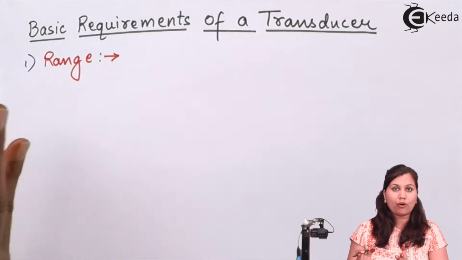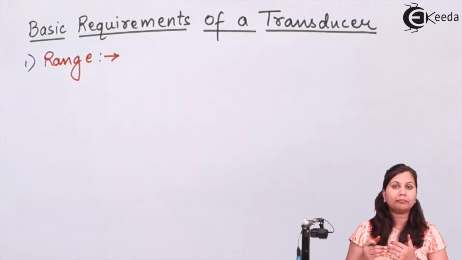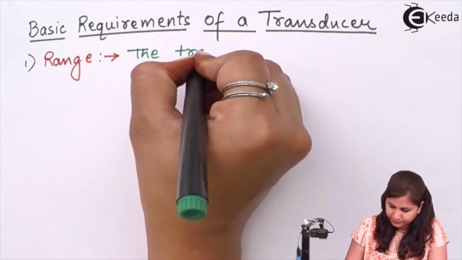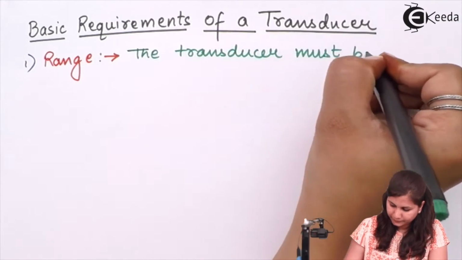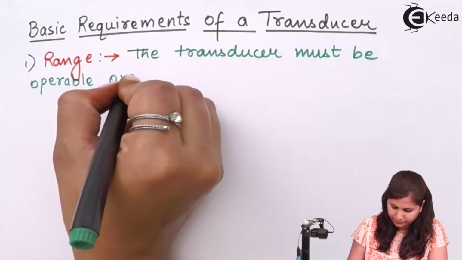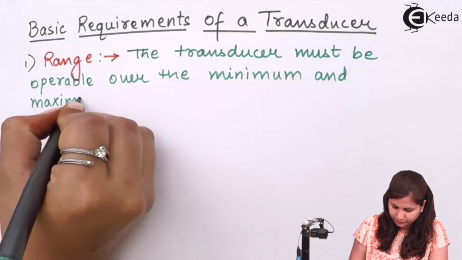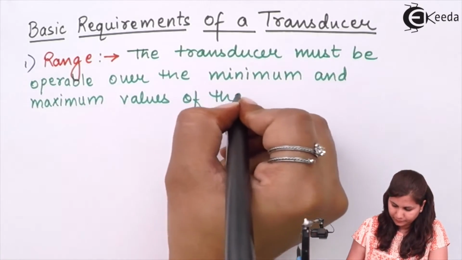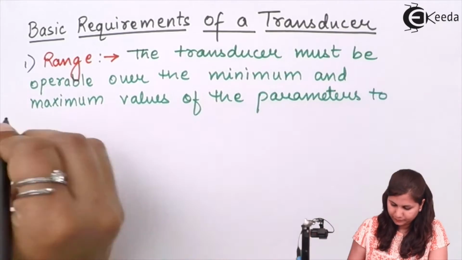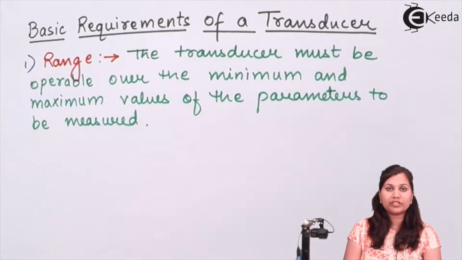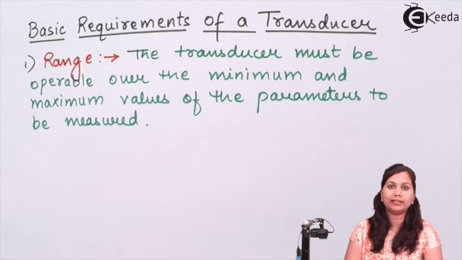The range of a transducer is the maximum and the minimum limits of operation of the transducer. So the physical quantity or the input quantity being measured should be within the minimum and the maximum value of that parameter.